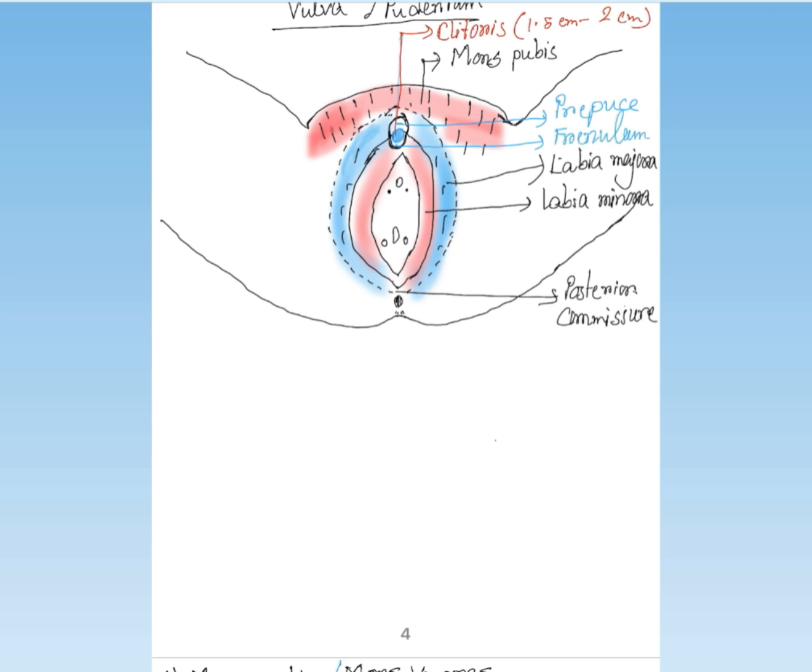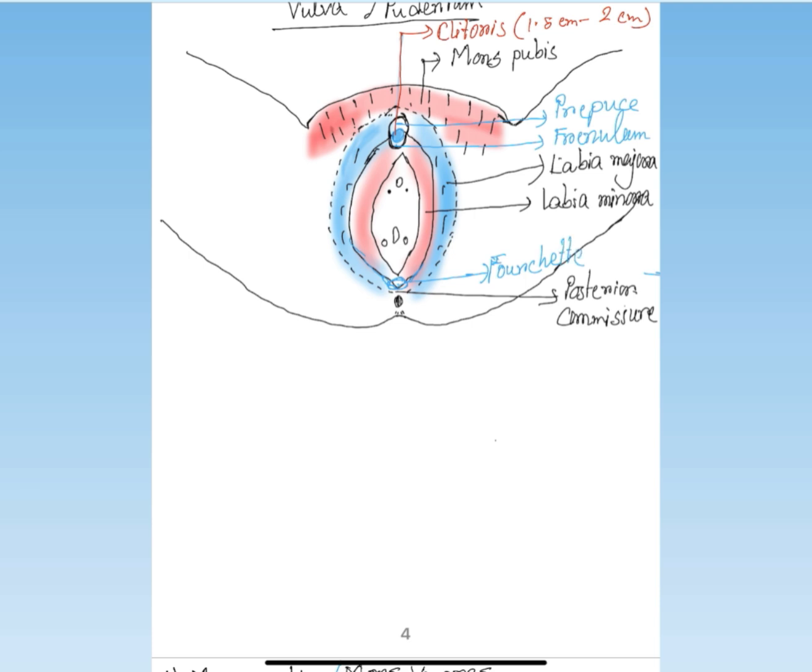This labia minora anteriorly goes above the clitoris, above the top of the vulva, and makes a structure of prepuce, and downward it makes the frenulum. This is anteriorly, and posteriorly this labia minora goes down and makes a structure. This portion is called your fourchette.